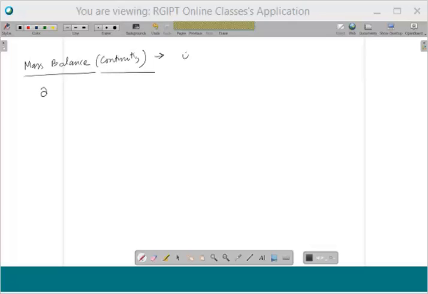Big psi I can choose to be the number of moles of a certain species. Let's call that species A.